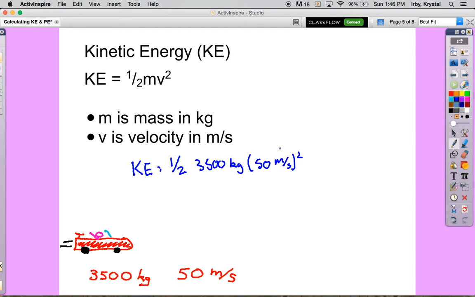So I do that, 1/2 times 3,500 times 50 squared. This gives me a lot of energy, which would make sense. I'm cruising down the freeway. 4,375,000 joules.